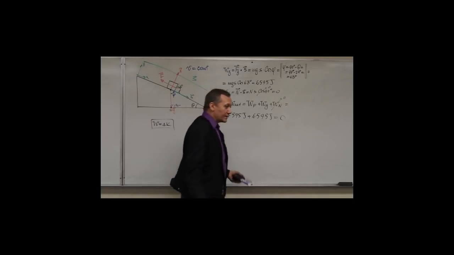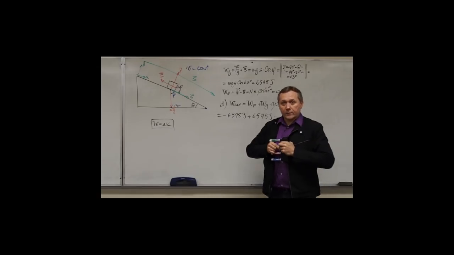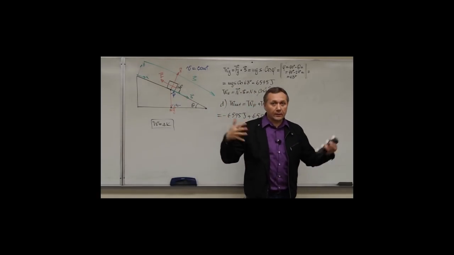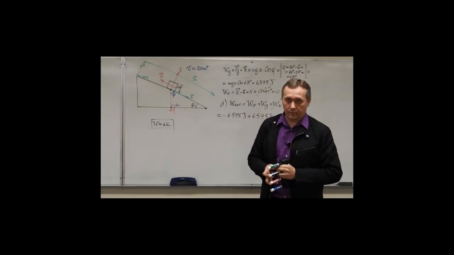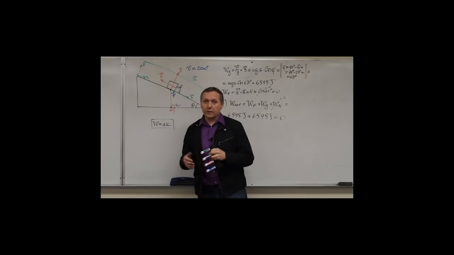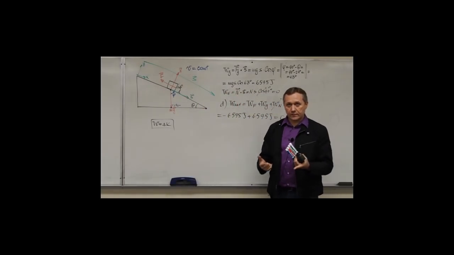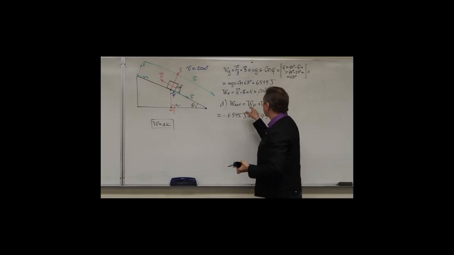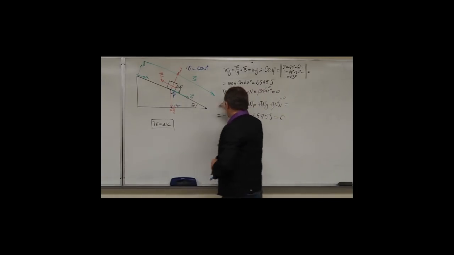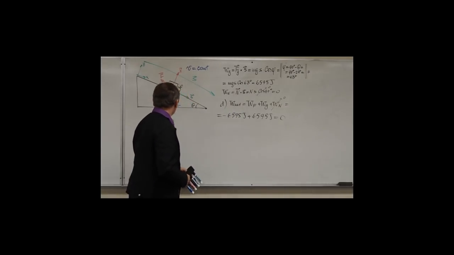Whenever you see a system which moves without acceleration, with constant velocity, you can tell immediately that net work must be 0. Again, the net work is 0 because these individual works are not 0, but if you add them all up, you must end up with 0.